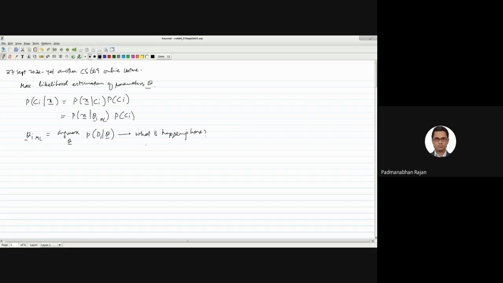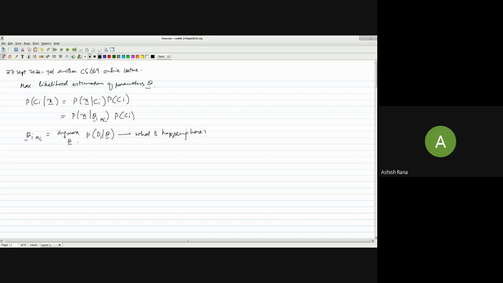Can you tell me what's happening in this equation, argmax over theta, P of Di given theta? For example, suppose you're writing an algorithm, or a program to do this step. How will you do this step?